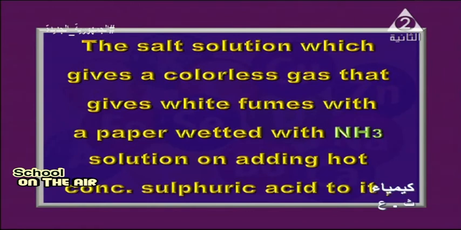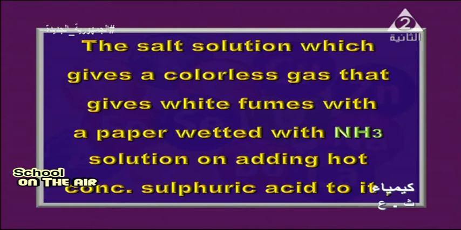Next one. The salt solution which gives a colorless gas that gives white fumes with paper wetted with ammonia solution. Here, the white fumes with paper wet with ammonia solution indicate chloride ion.